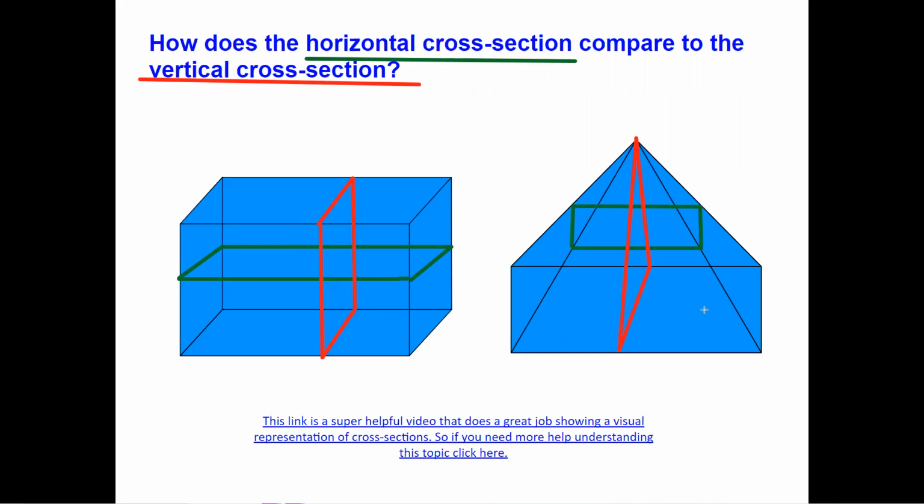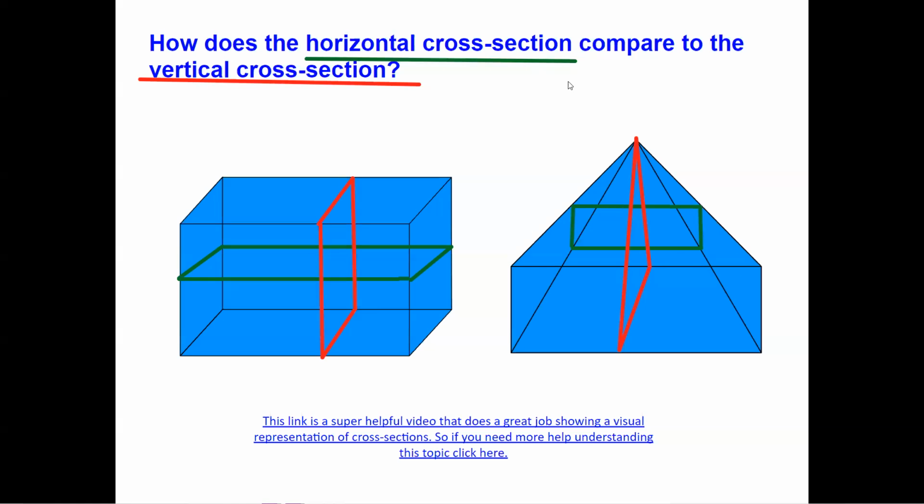For our rectangular pyramid over here, our horizontal cross section matches up with the base. So since it's a rectangular pyramid, the cross section is a rectangle. And our vertical cross section, you can see is going to end up being a triangle because that matches up with the shape that the lateral face is, a triangle.